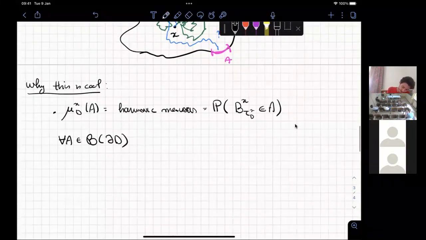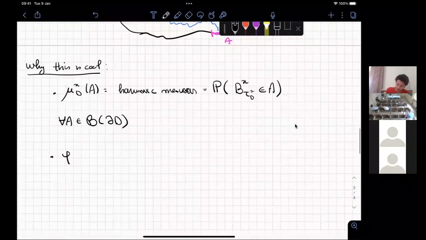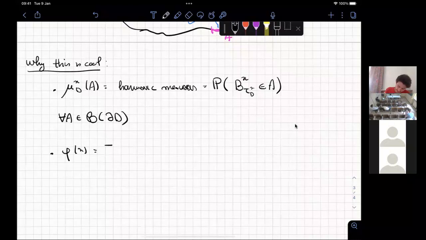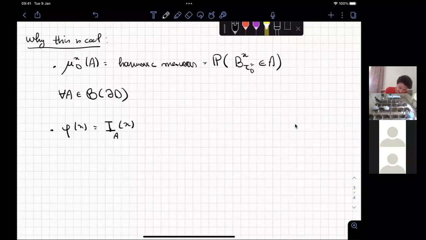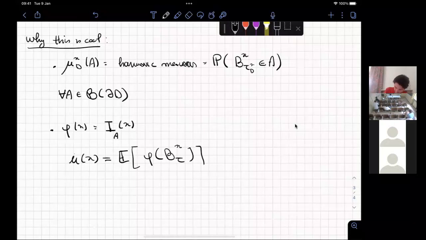If we take phi of x as the indicator of the set A, this is equal to 1 if x belongs to A, and equal to 0 outside, then u(x), the expectation, is the candidate solution to our problem.